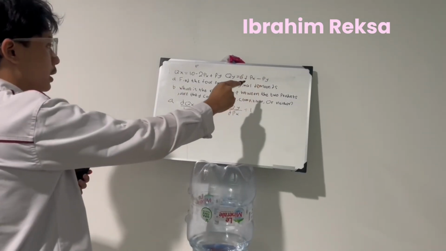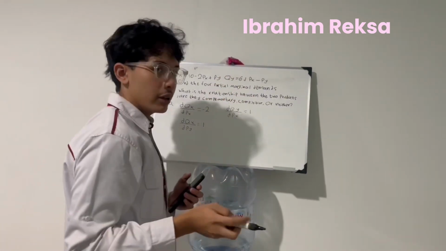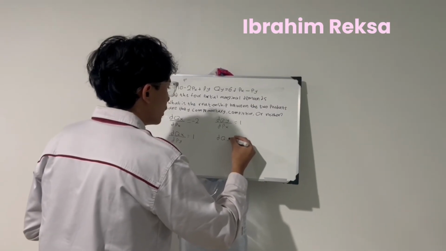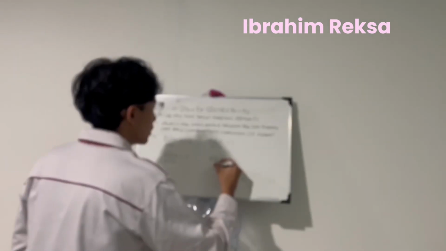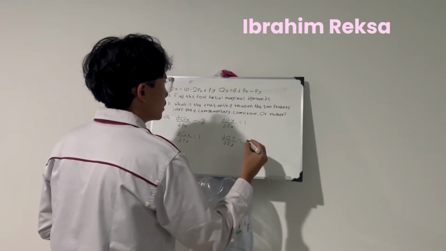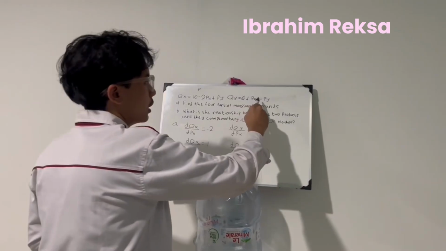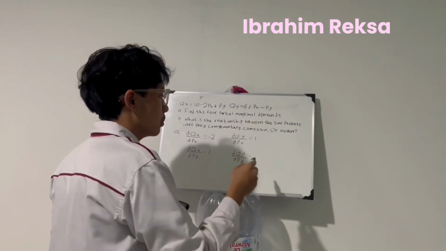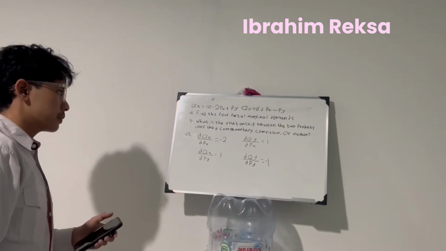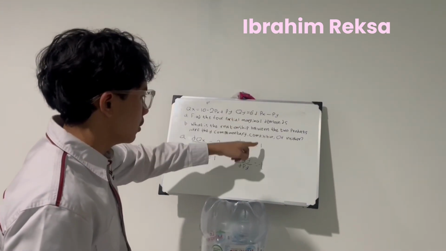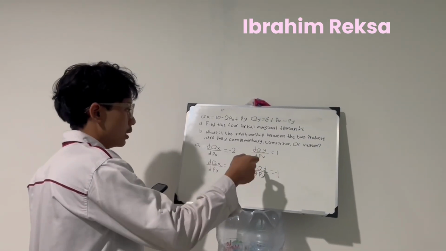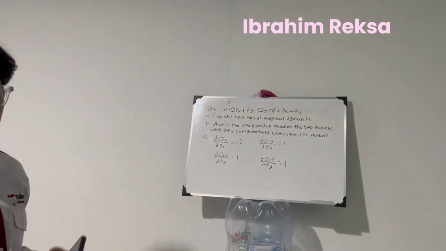Next we're going to find the price Y and product Y, ∂QY/∂PY. When we see this, there's a minus, so we make it -1. And here there is a plus, so it's +1. So this is the answer for question A.